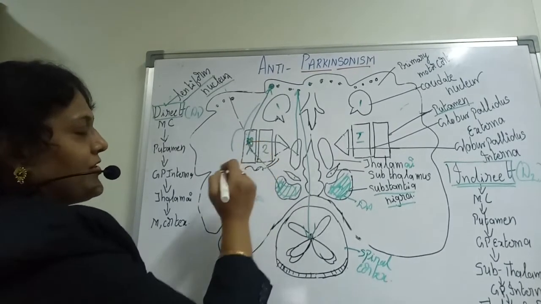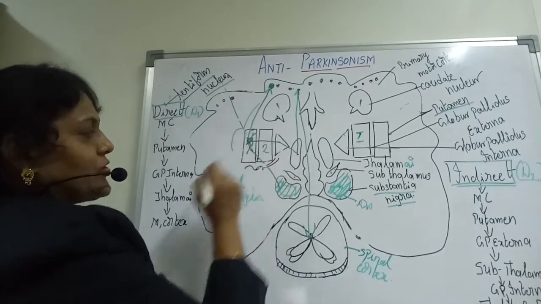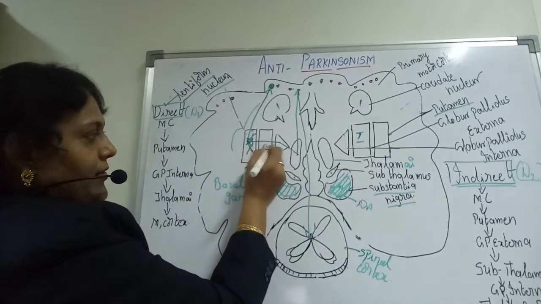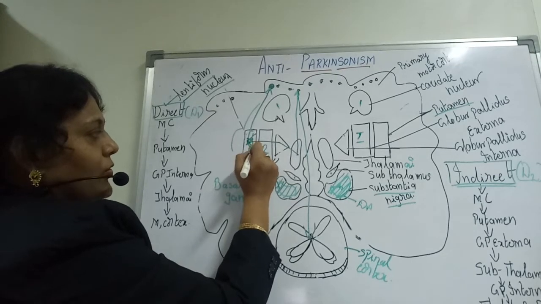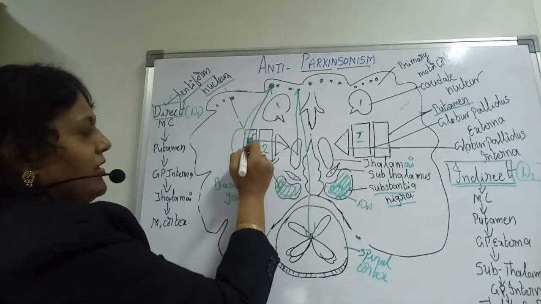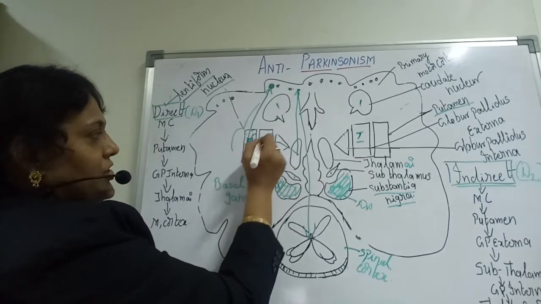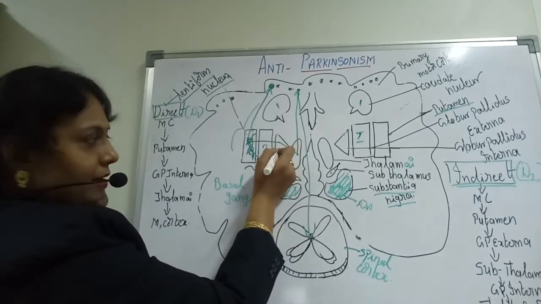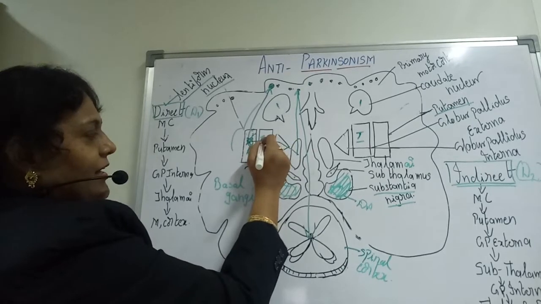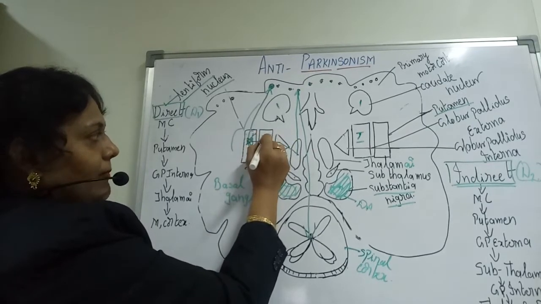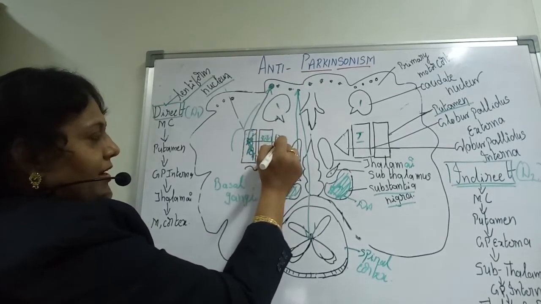This is a glutamate neuron doing the stimulation function, and from here to here the GABAergic neurons come into position where the inhibition starts, and this inhibition and excitation proceeds to the globus pallidus interna, where the inhibition has been done and it started stimulating here.